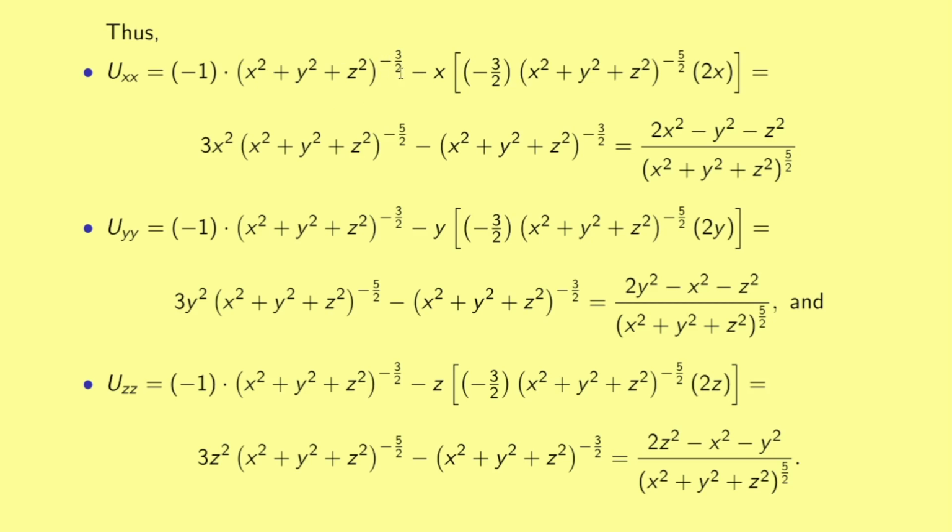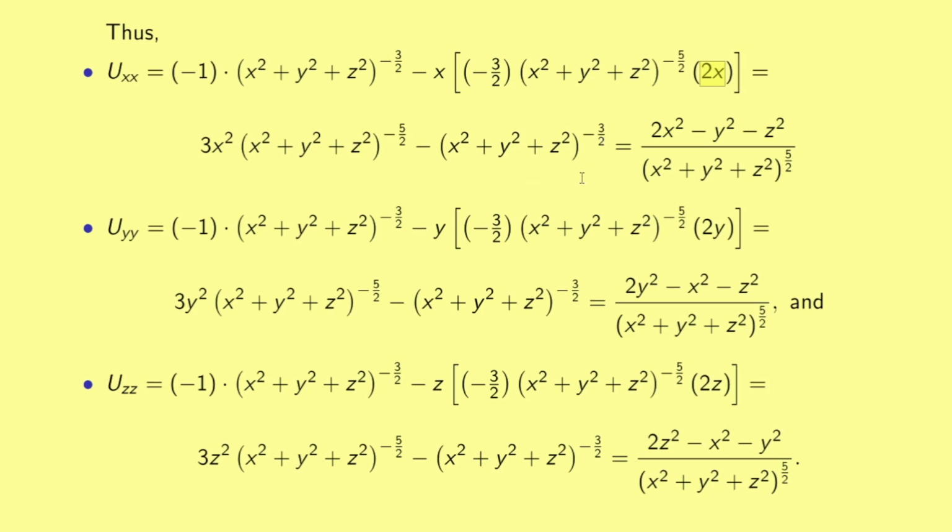I have here a minus 3/2, so I put it down, and minus 3/2 minus 1 is minus 5/2. And again, by the chain rule, I multiply by the derivative of the inner expression with respect to x, which is 2x. Now this 2 cancels with this 2 here, and this minus with this minus becomes a plus. So I get this expression here.